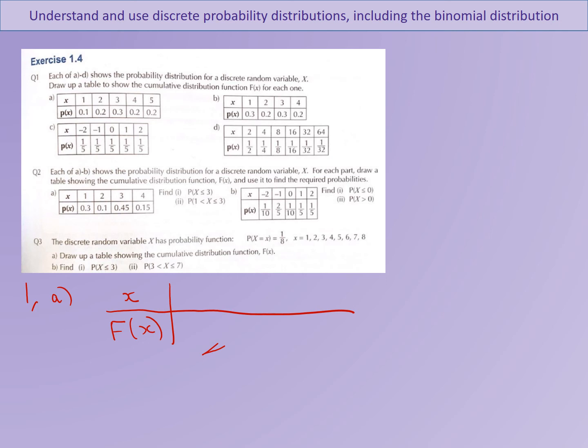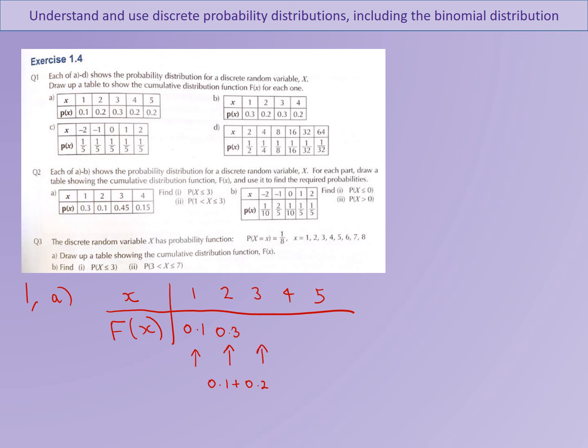And then from here, you need to add up the probabilities. So you're looking at this one being the probability that x is less than or equal to 1. The second one is the probability that x is less than or equal to 2. So we need to add together 0.1 and 0.2.